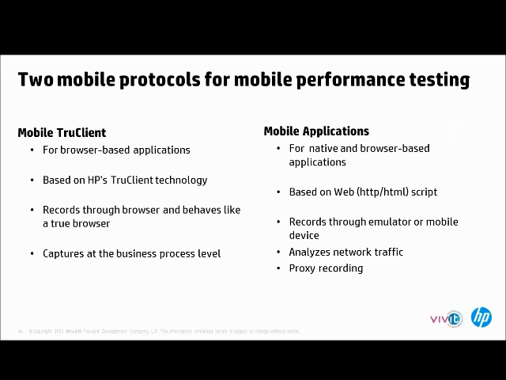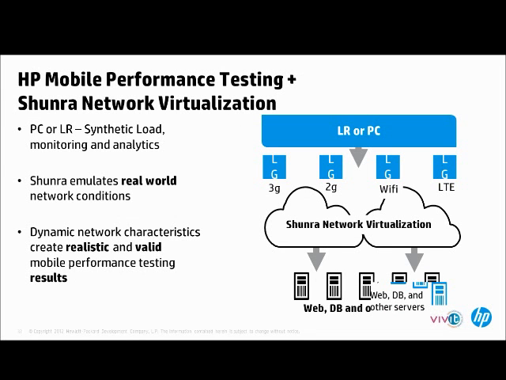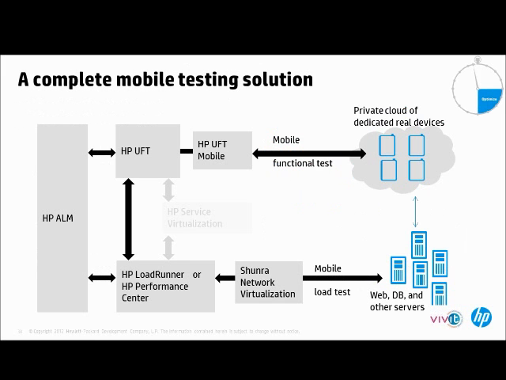And to factor in the network conditions that might be impacting mobile application performance, we have integrated with Shunra Network Virtualization. Shunra is our technology partner, and we OEM this technology as part of our solution.